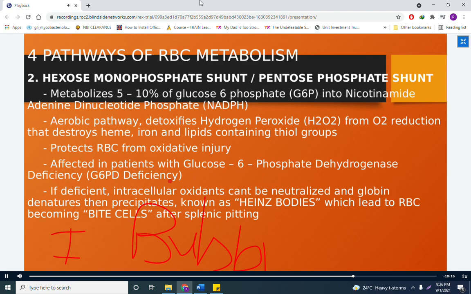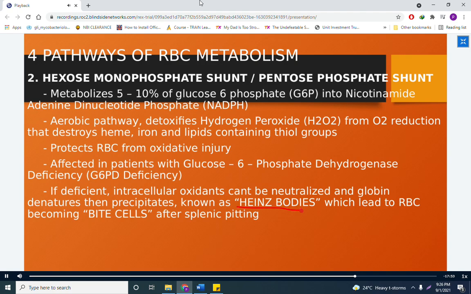When you have G6PD deficiency, class, intracellular oxidants can't be neutralized. And the globin, which is part of hemoglobin, I will discuss that next week, denatures and precipitates to become Heinz bodies. Okay?